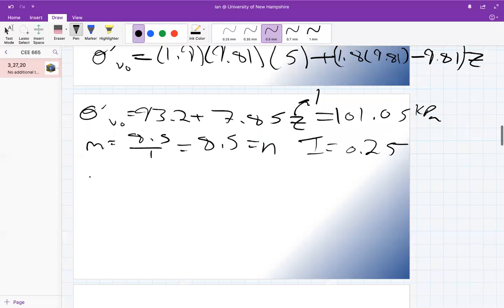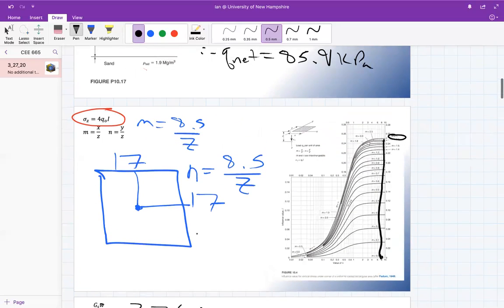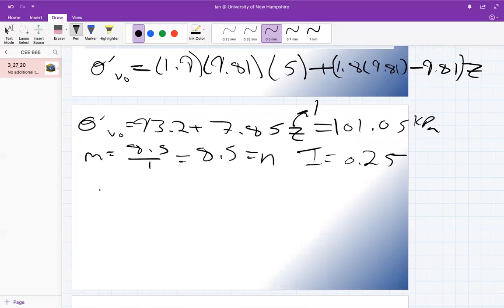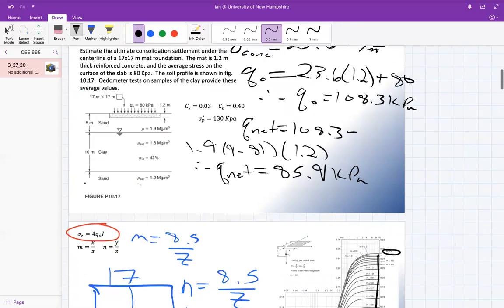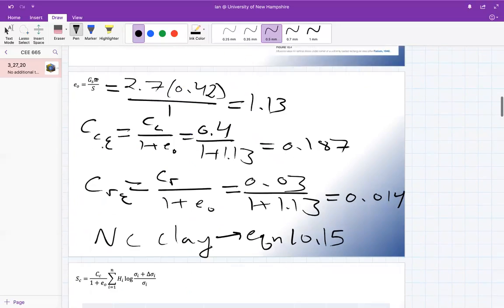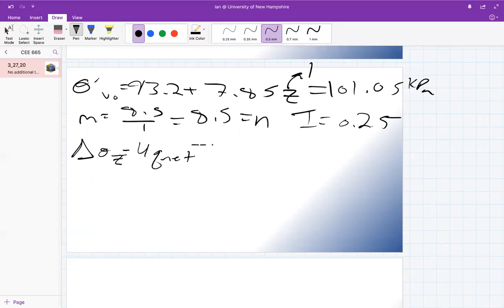So now we're going to use our Boussinesq equation right up here. I believe I forgot one symbol in this equation. We're going to throw in delta, so delta sigma z equals 4 q net times I. We know everything.